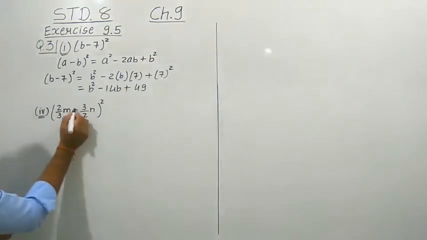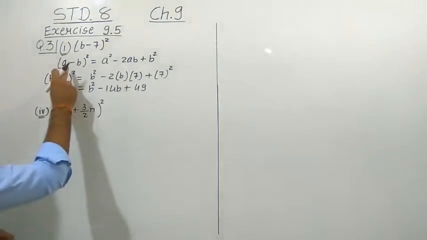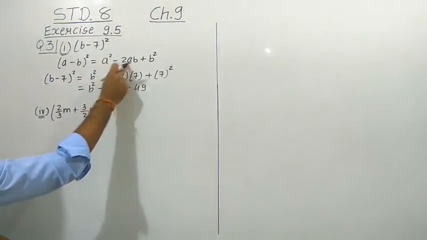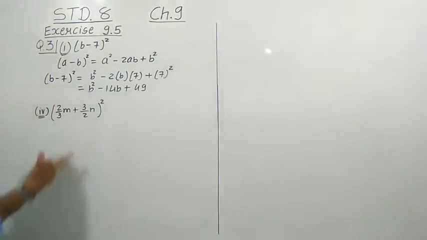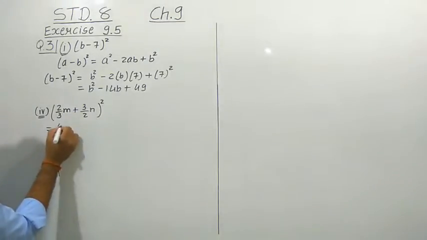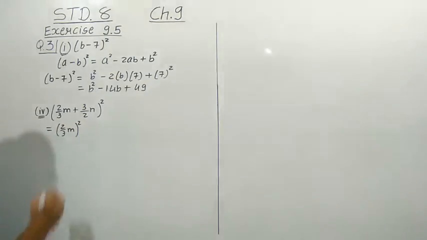Here we have to use the identity number 1 because the positive sign is here. So the only change is that here we have a positive sign, so this term will also become positive. So let us apply. First of all we have to make the square of the first term, that is 2 upon 3m whole square, right?